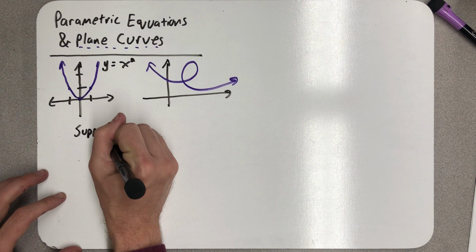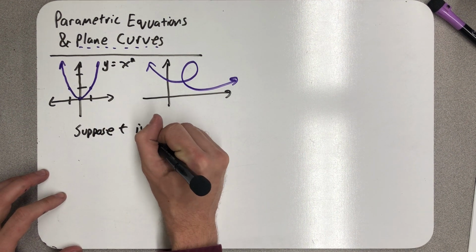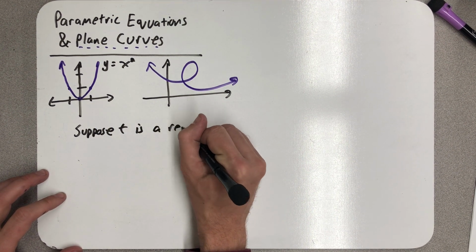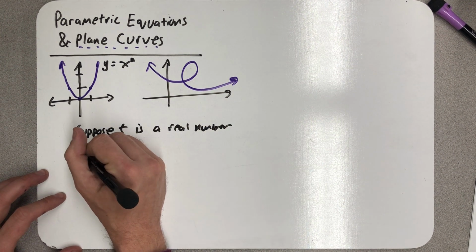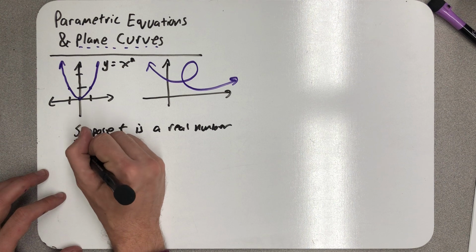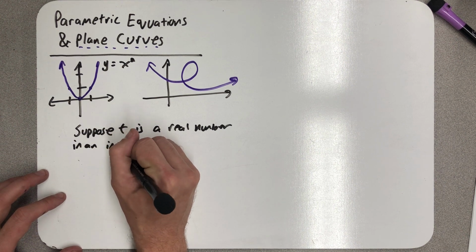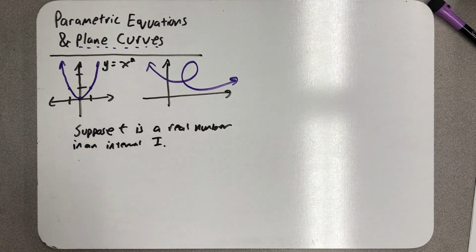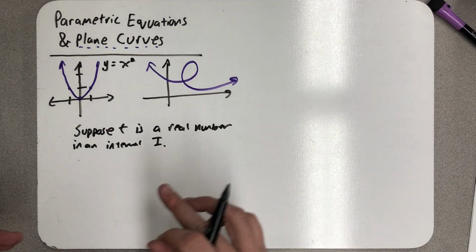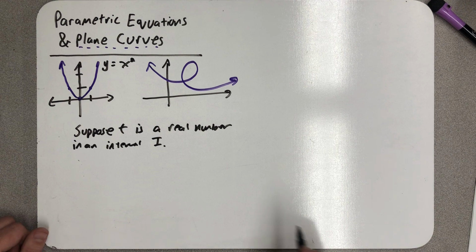Suppose t is a real number and it lives on some interval I. That interval could be any part of or even the whole real number line. T is just some number that lives on some interval.